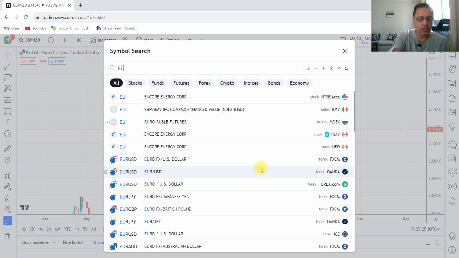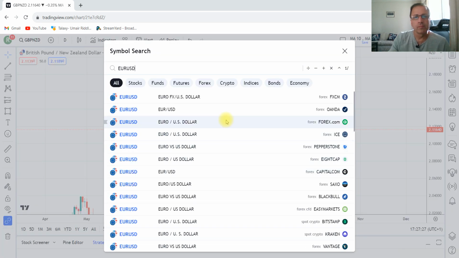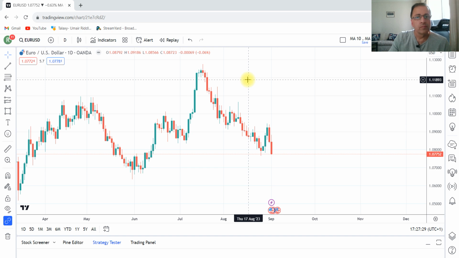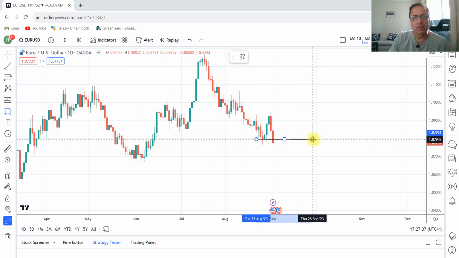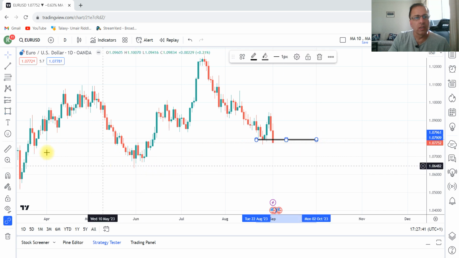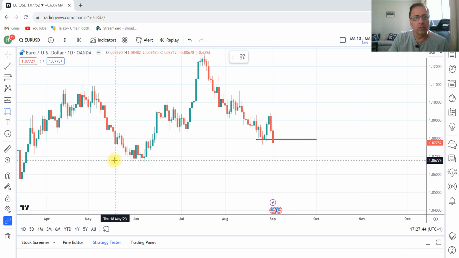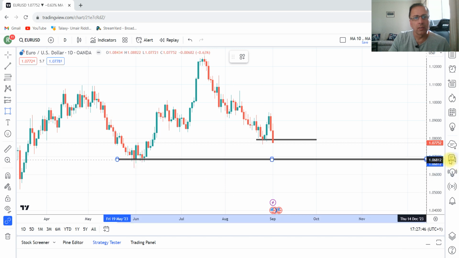Next pair is Euro USD. Same situation. Broken down. This last daily candle was bearish and it closed below this level, and next support is here.